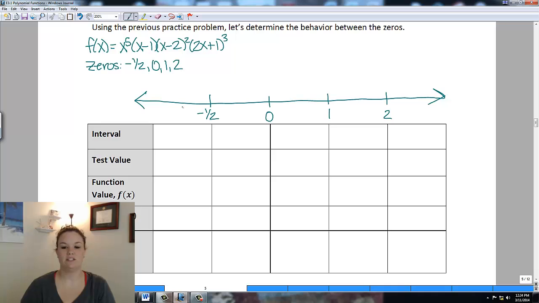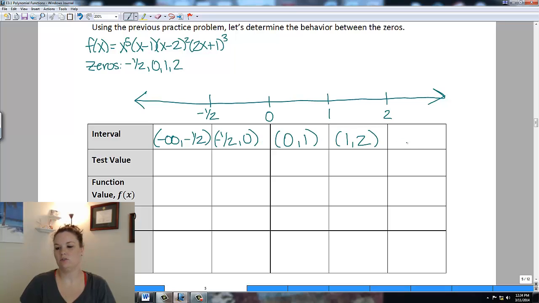A representation of that interval is everything to the left up to -1/2. So this would be from -infinity up to my first 0, which is -1/2. Then my next interval would be between -1/2 and 0, then 0 to 1, and then 1 to 2, and then 2 to infinity. So I'm just testing every interval between every 0.